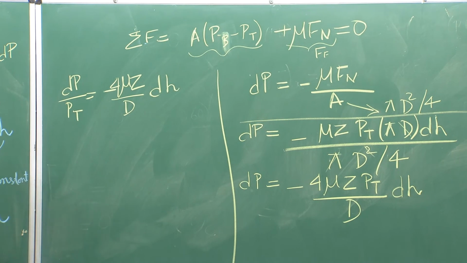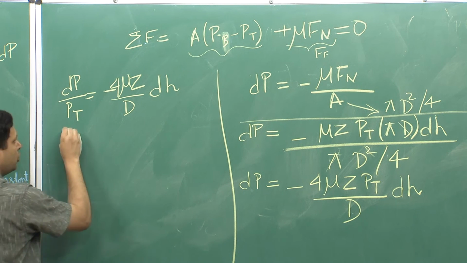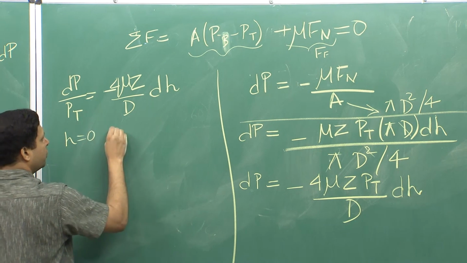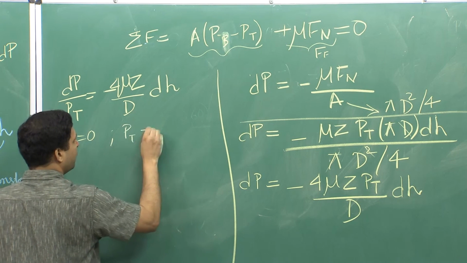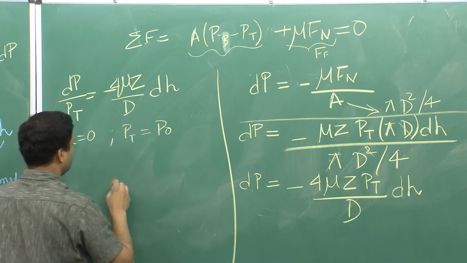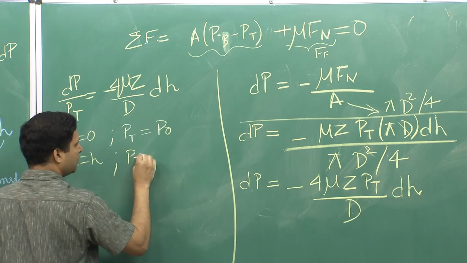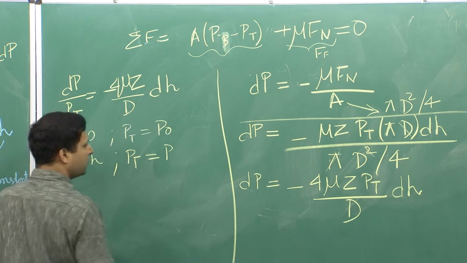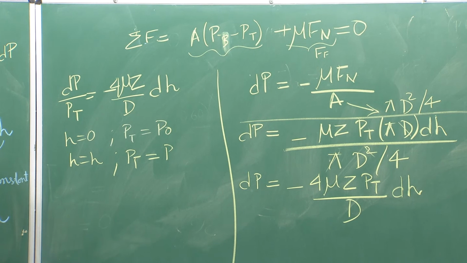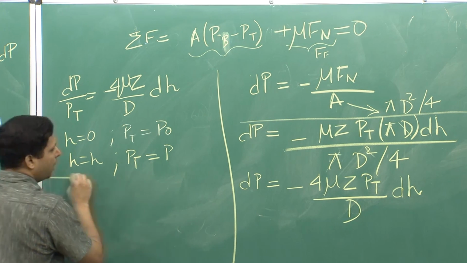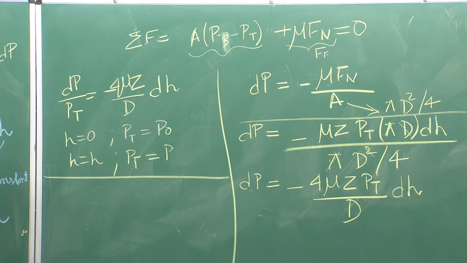So, we integrate from h equal to 0, where Pt is P naught, to h equal to h, where Pt is some variable pressure, which is P. We will leave it over here.